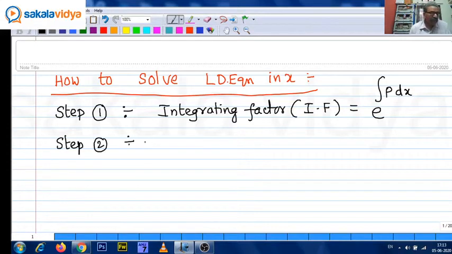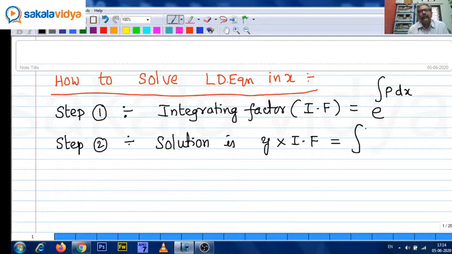Step 2: the solution is y into integrating factor equals integral q into IF dx plus constant of integration. Very simple way we can solve a linear differential equation in x.